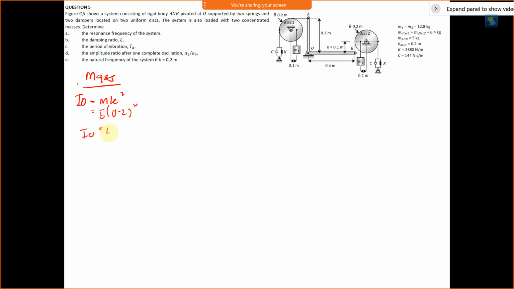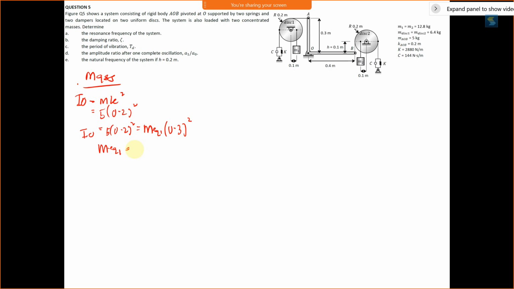So IO sama dengan 5, 0.2 square, that equals to M equivalent 1 times with 0.3 square. Okay, so kita akan dapatlah M equivalent 1. So this one for beam lah. Kita focus on beam, mass beam. So M equivalent equals to 5 darab 0.2 square bagi 0.3 square.